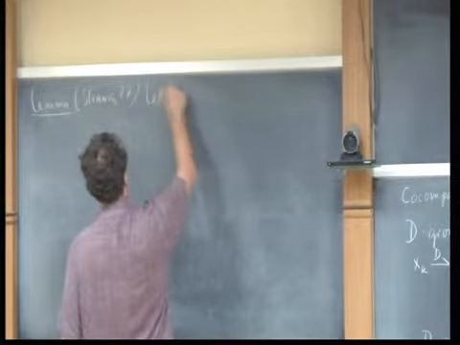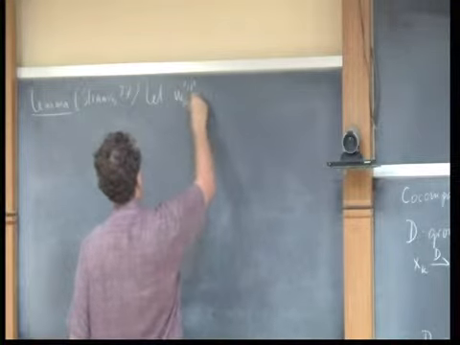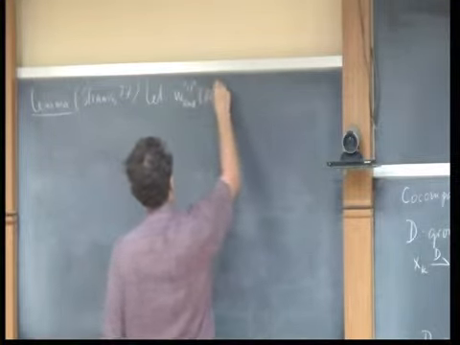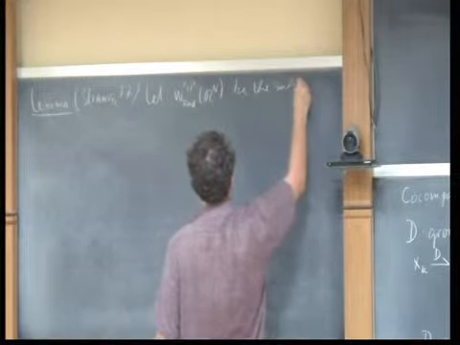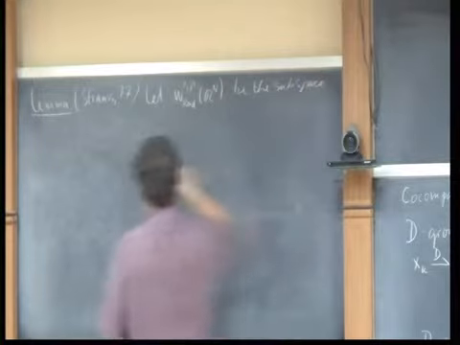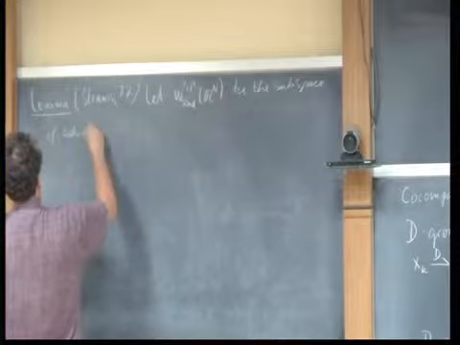So let W^{1,p}_radial(R^n) be the subspace of radially symmetric functions.